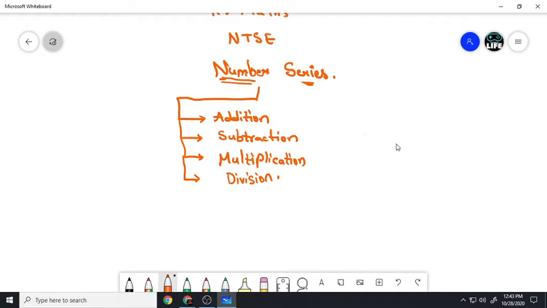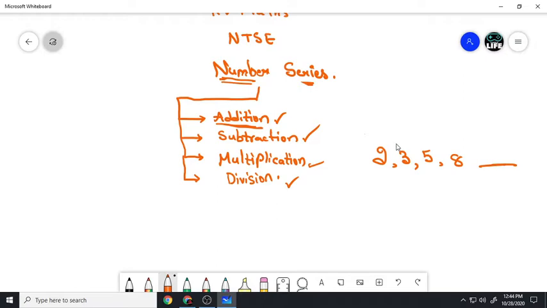For example, 2, 3, 5 and 8, and what will be the next number? If they ask you like this, how can you find? As you can observe, there is very little difference between these two numbers. What's the difference? 1. What is the difference between these two numbers? 2.